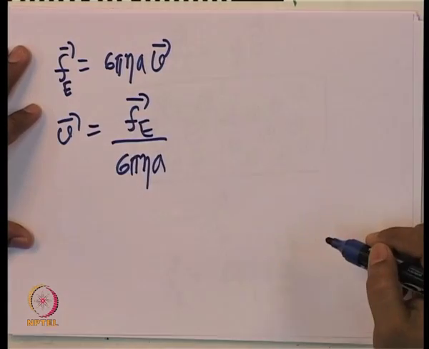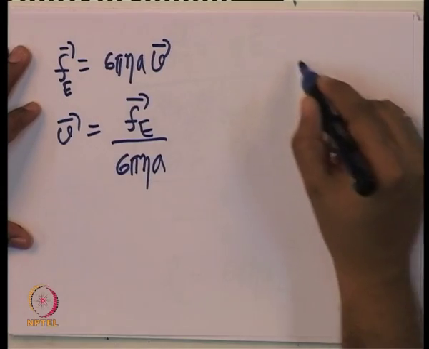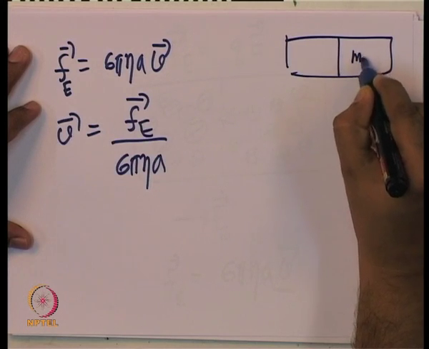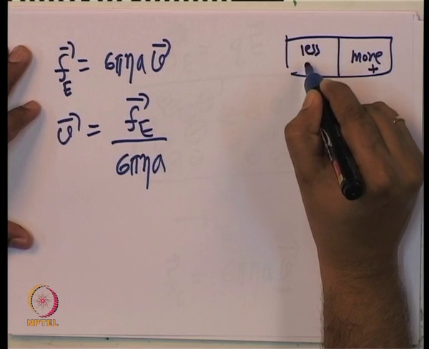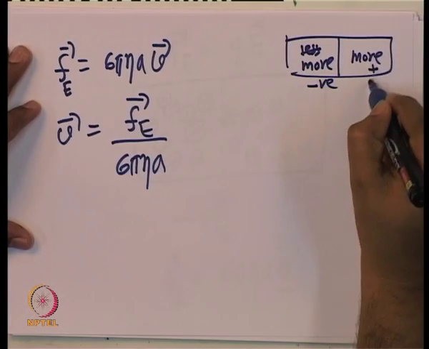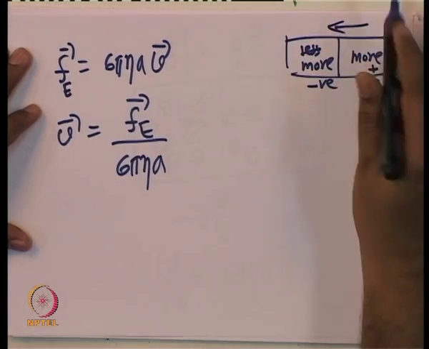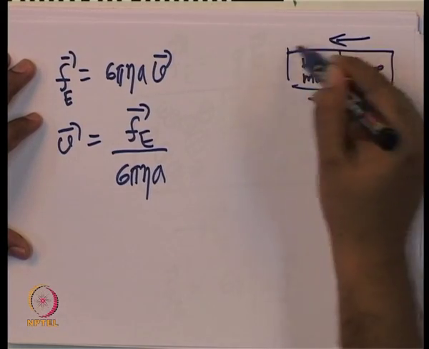We also know the direction of the velocity. It will go from more positive charge to less positive charge, or here from more negative to more positive. In this way it will flow. The velocity direction will be in this direction, and the force direction also will be in this direction.